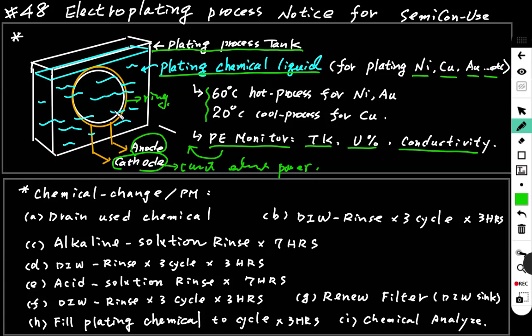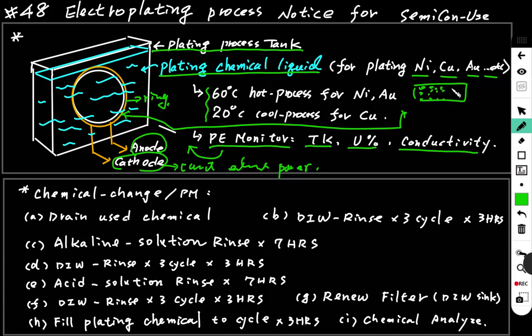The most secret of this process is uniformity, thickness uniformity and conductivity uniformity. In the inferior type of equipment, we use what we call a hole plate.